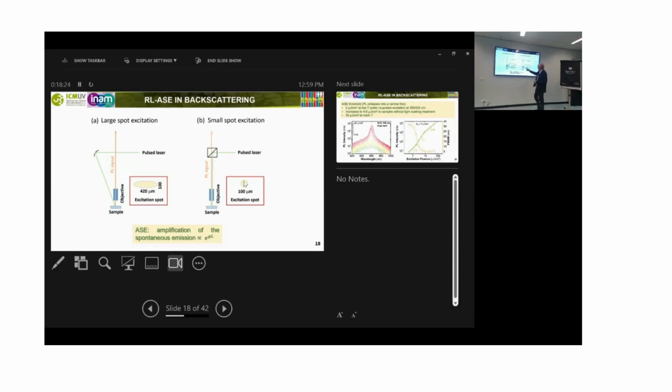And then in the case of large excitation spot, the threshold for amplification of the spontaneous emission and random lasing should be smaller than in this case.